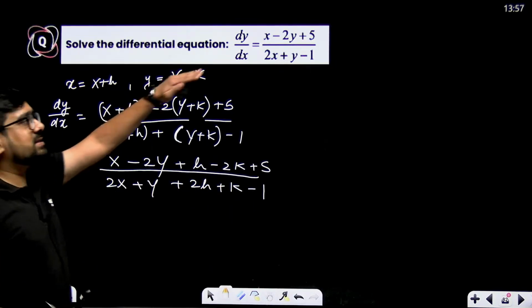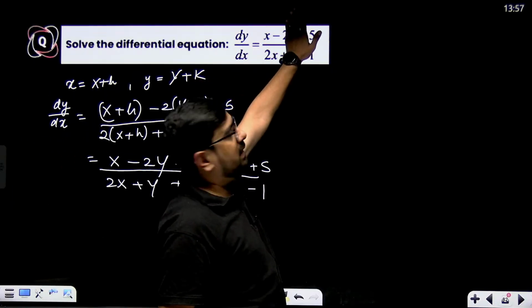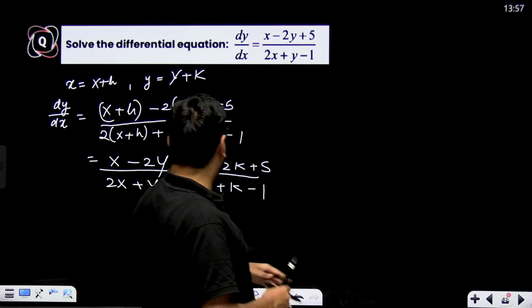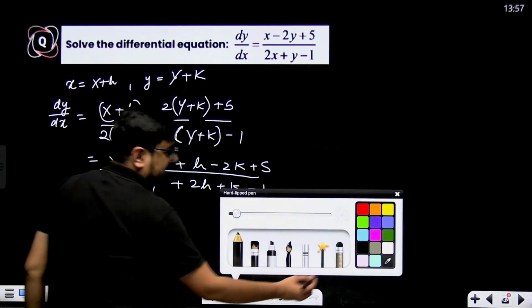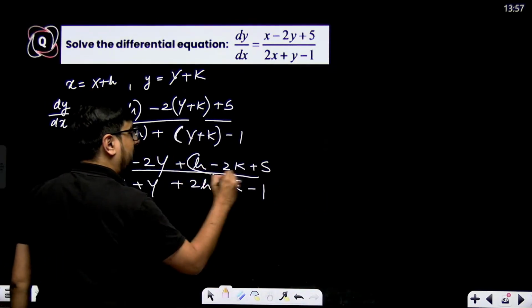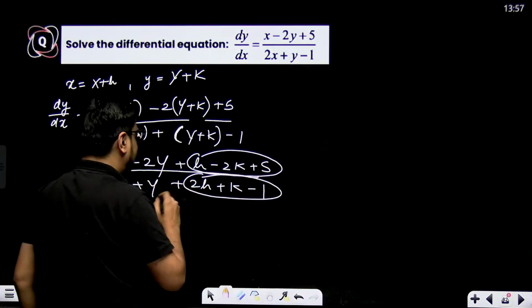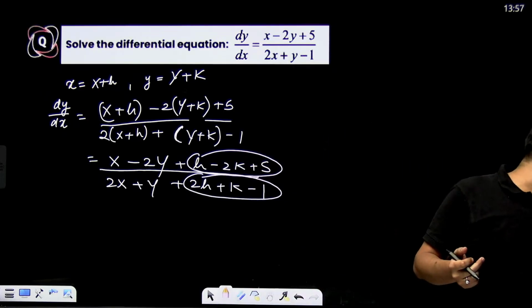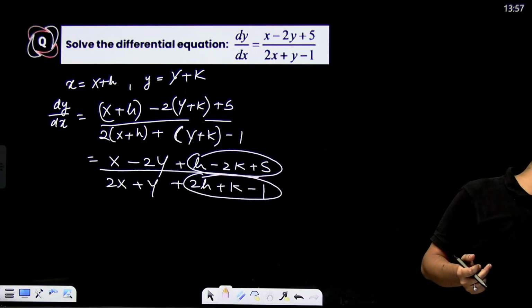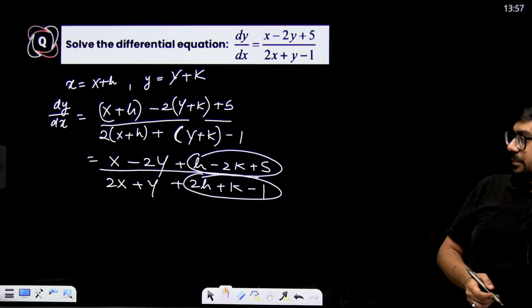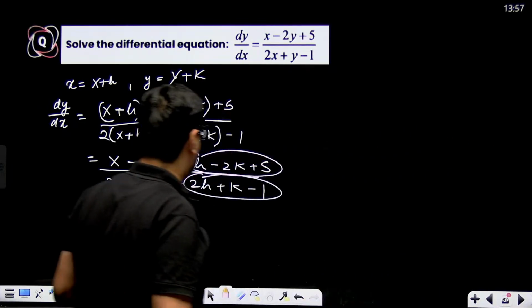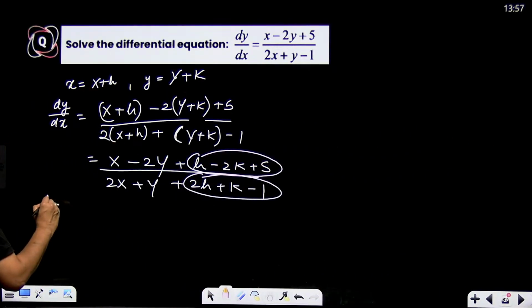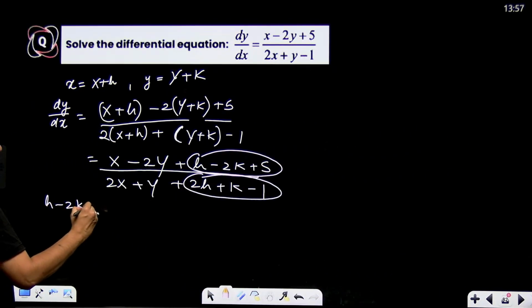Now what did I say in the starting? That if you didn't have this part, plus 5 and minus 1, it will be homogeneous. Here also, if you pay attention, if you don't have this part, then it will be homogeneous. So make this part equal to 0 and find the value of h and k. For example, I'll put h minus 2k plus 5 equal to 0.